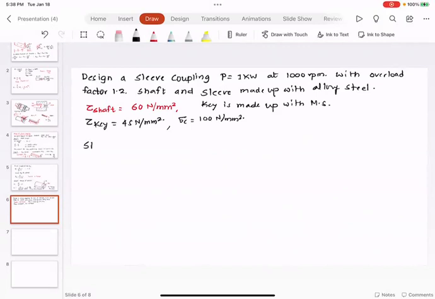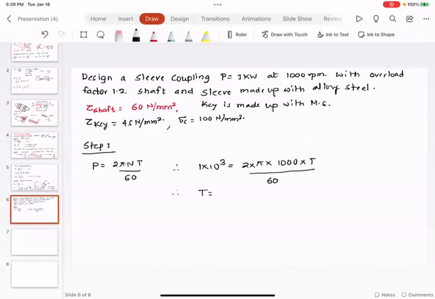Step 1, P is equal to 2 pi NT divided by 60. Power is 1 kilowatt, 2 times pi times speed is 1000 times T divided by 60. From here, you're going to get the value of T. Now, what is the overload factor?